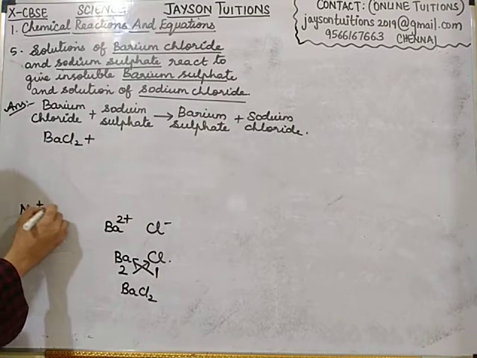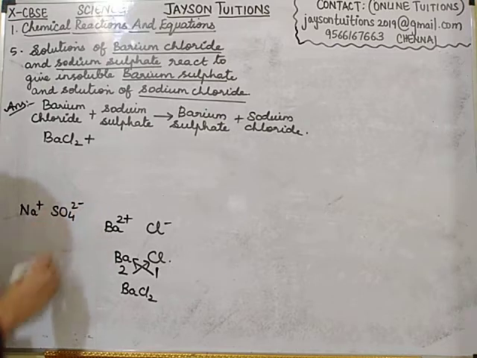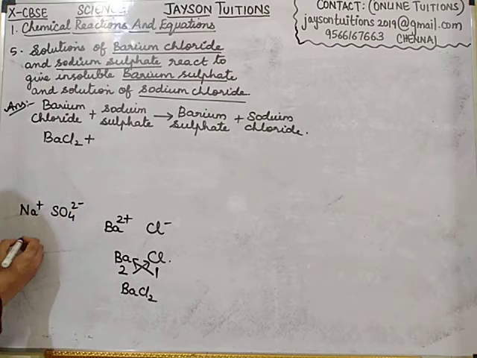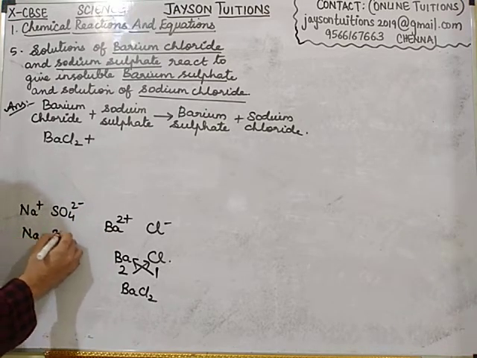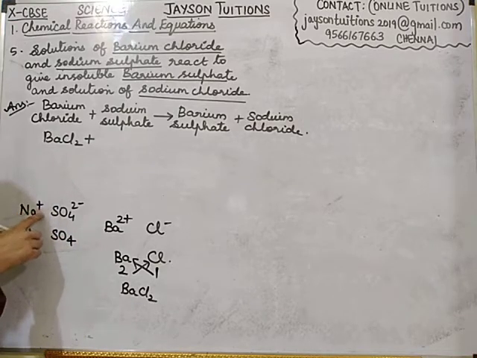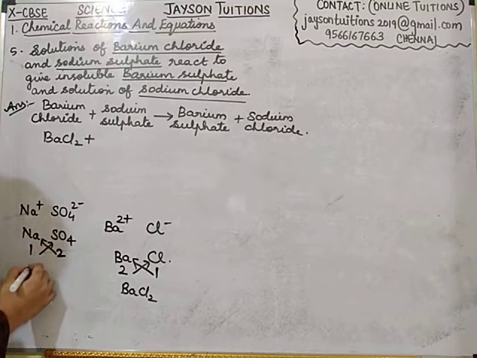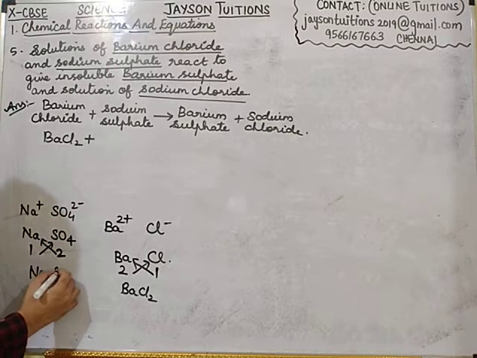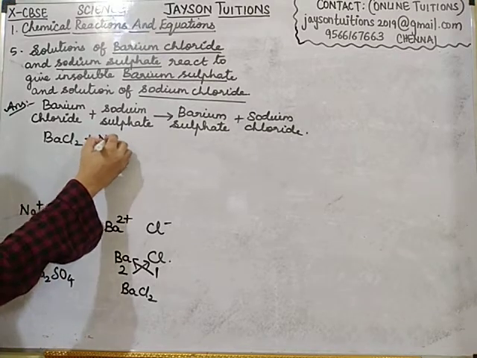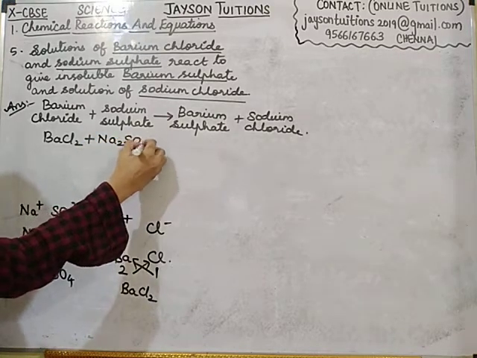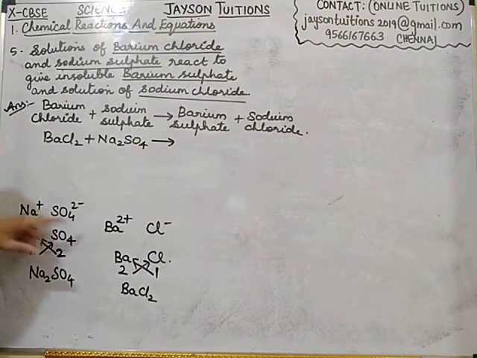Sodium sulfate. Sodium is Na+, sulfate is SO4 2-. So sodium symbol is Na, sulfate is SO4. Above sodium you should write the number 1. Sulfate, you write the number 2. So you will get Na2SO4. Barium sulfate.